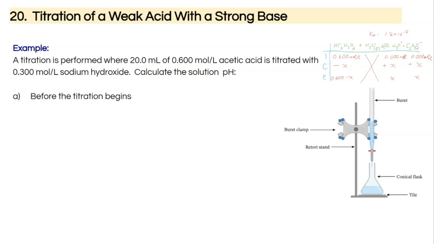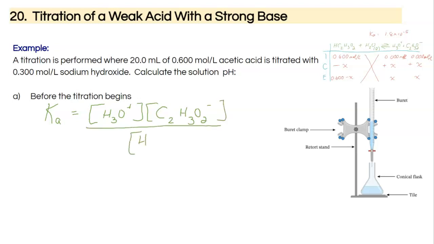So I know that in general our acid ionization constant is equal to the concentration of our products raised to the exponent of their coefficient. So in this case I've got my hydronium ion multiplied by my acetate ion divided by the concentration of my acetic acid.